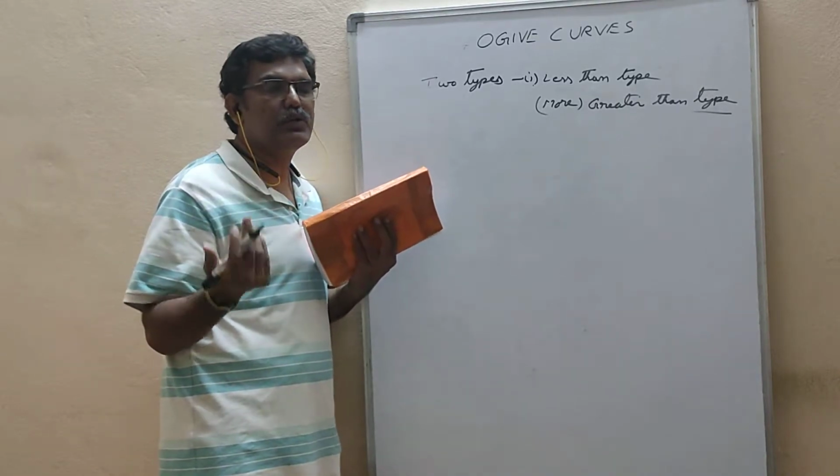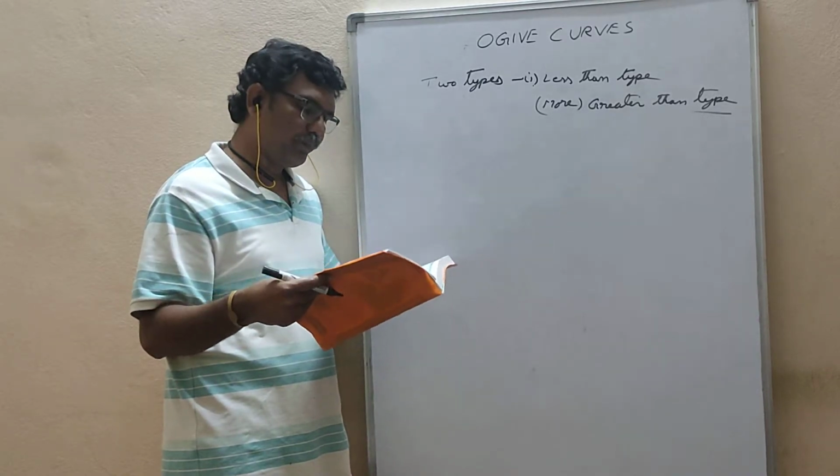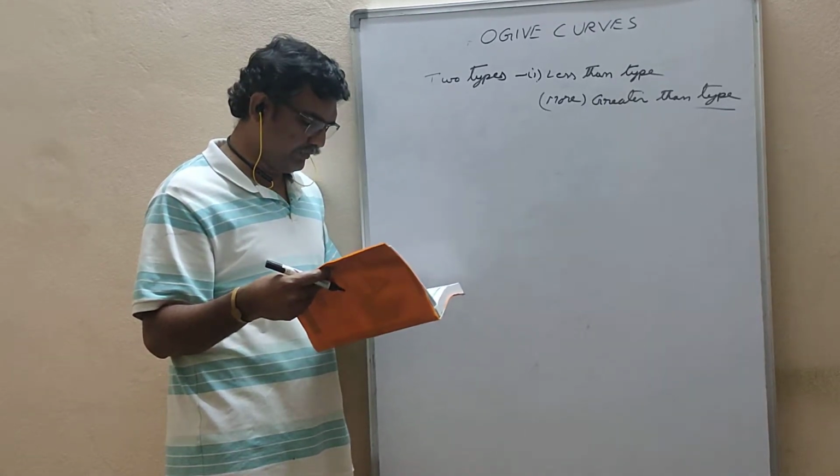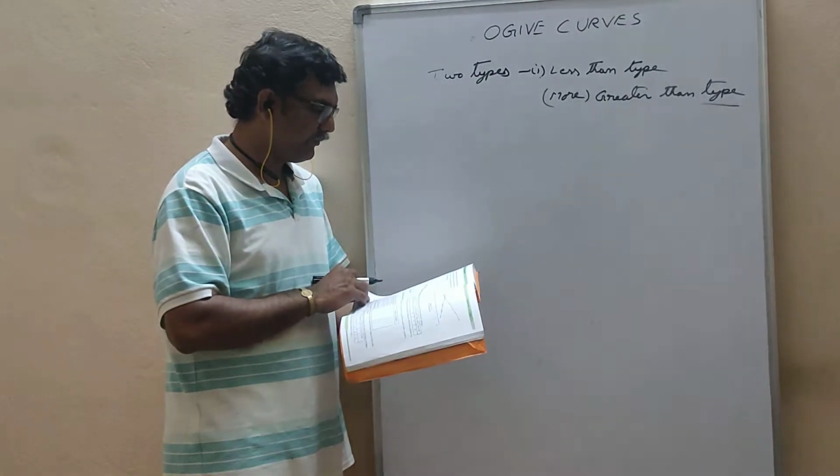So less than ogive curve, greater than ogive curve. Two graphs will be there for you, and we will discuss this today.